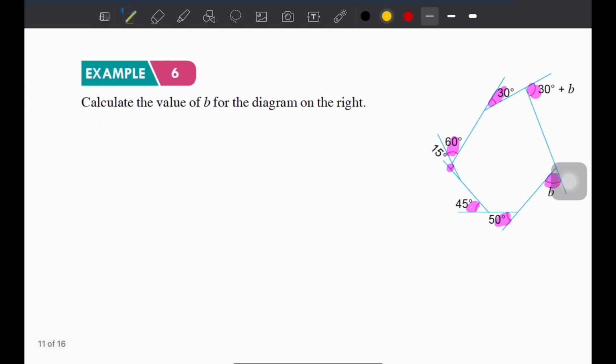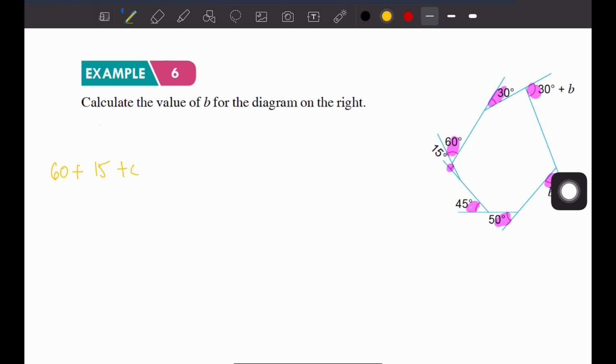Okay, so we total up everything and equate it to 360. So kita 60 plus 15. Okay, I go this way.